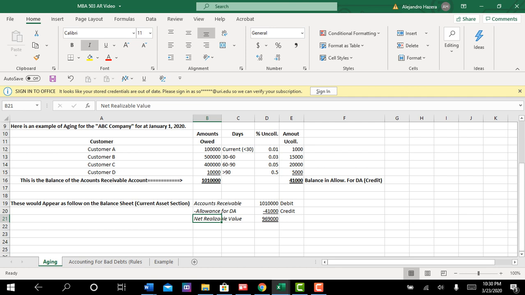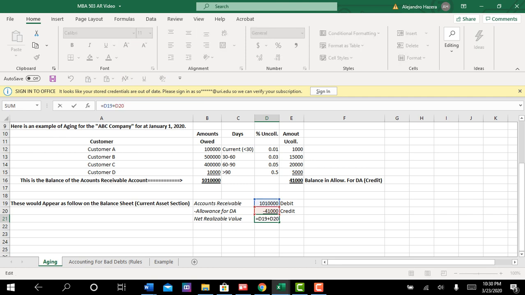So when you see the words in a problem, or in a textbook, or similar words, when they ask you for the net value or the net realizable value of accounts receivable, that is officially equal to the accounts receivable less the allowance for doubtful accounts.